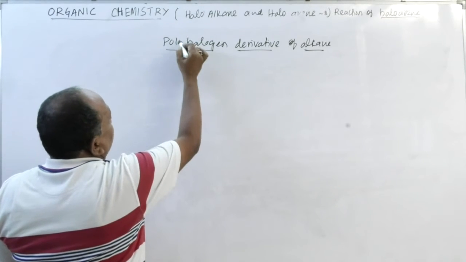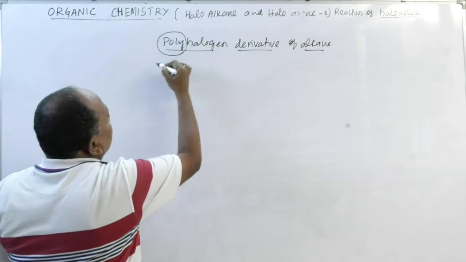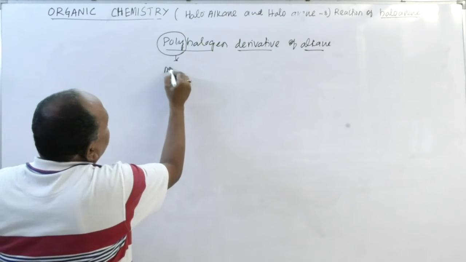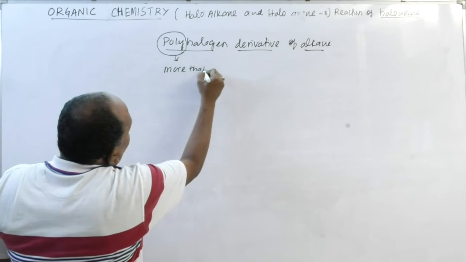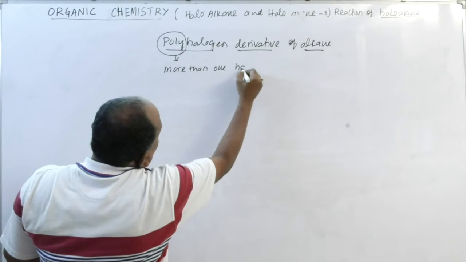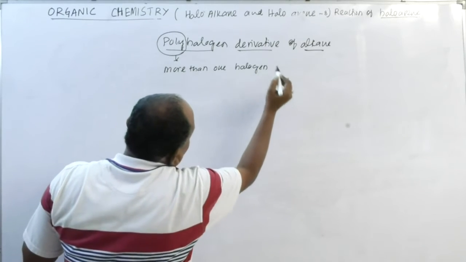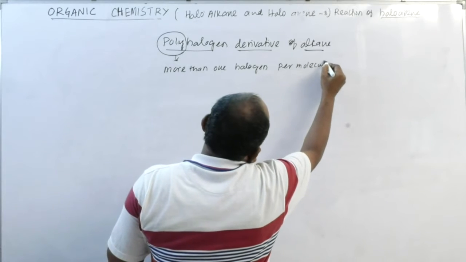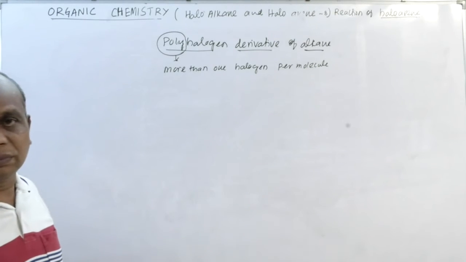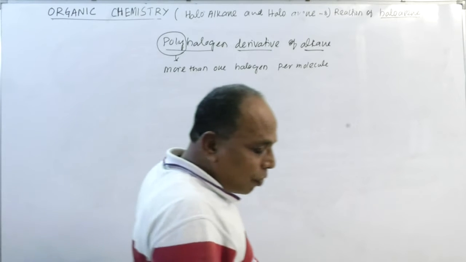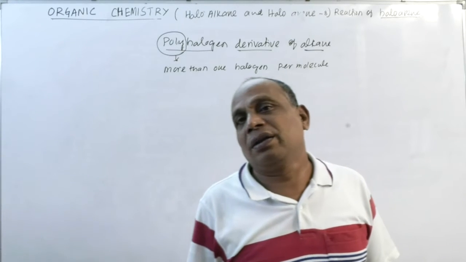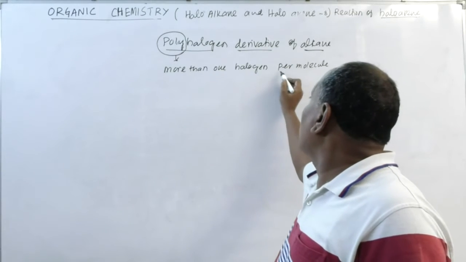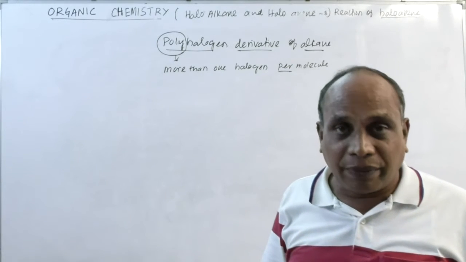Poly means many. Many means more than one halogen per molecule. More than one halogen per molecule is called a polyhalogen derivative.